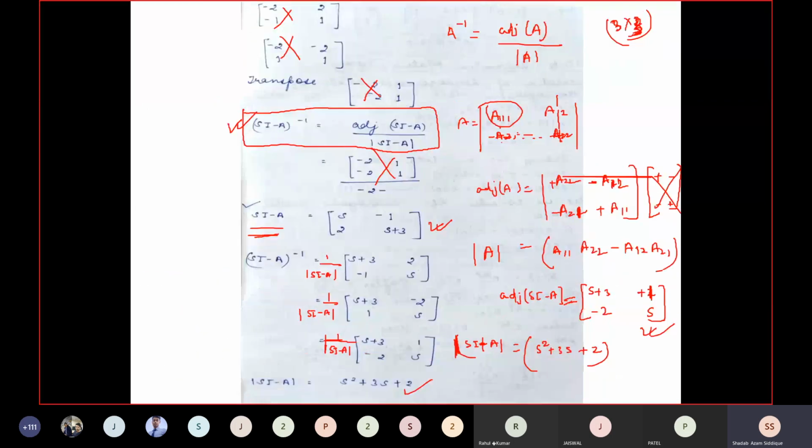We have a 3 cross 3 A matrix, which is given as 1 2 1, minus 1 1 0, and 2 3 0. Try to find the A inverse matrix as homework.